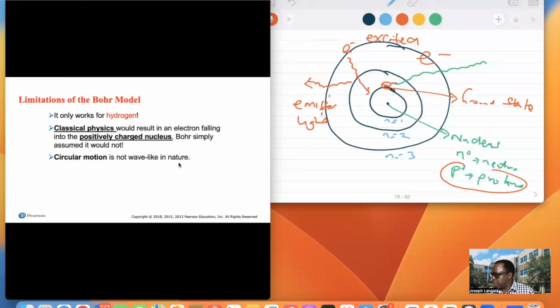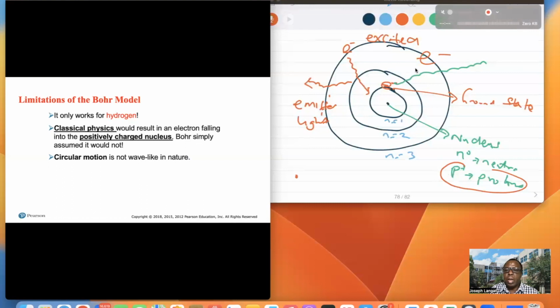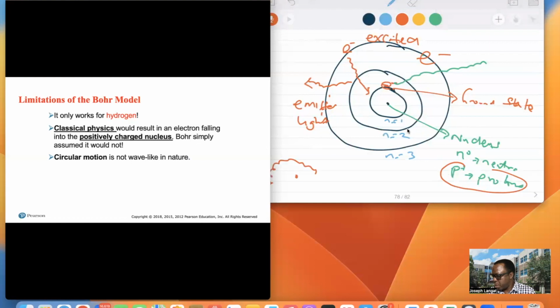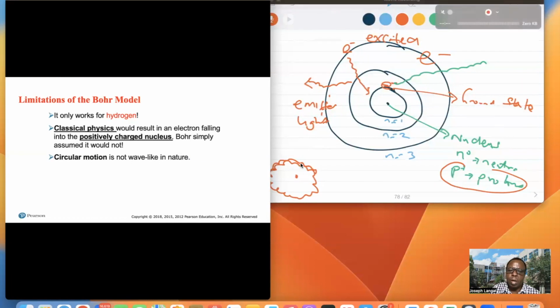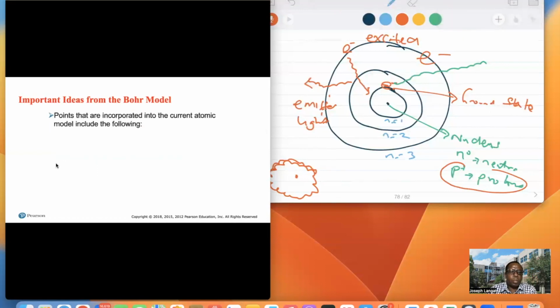As it turned out, if this is the nucleus, the electrons do not go in a circular motion. They go around like a wave. You see this? So electrons are traveling around the nucleus in a wave nature, whereas Bohr proposed that electrons just travel around in a circular manner. You could note this was a limitation of Bohr's model.